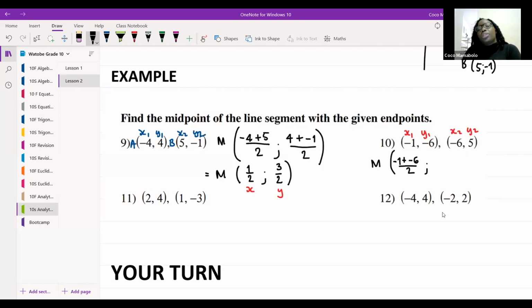Yes, Courtney, both sides must have 2 as the denominator. Absolutely. We must divide by 2.